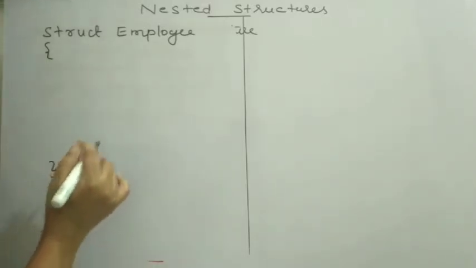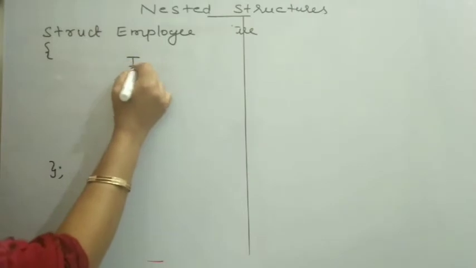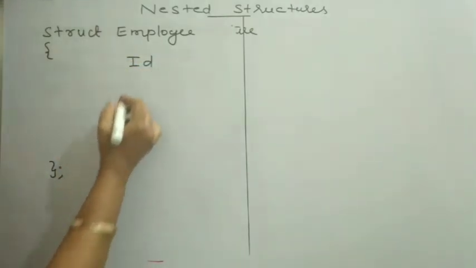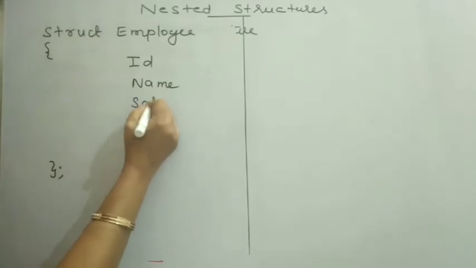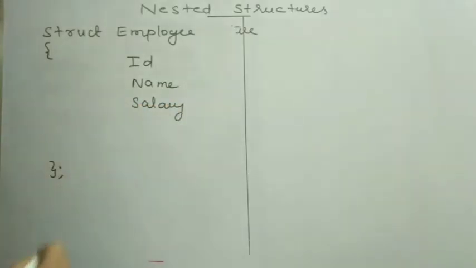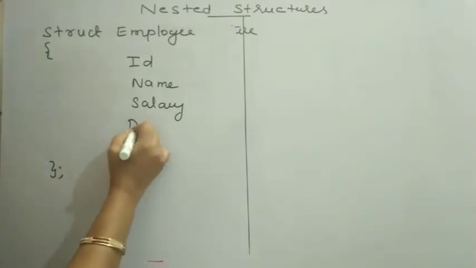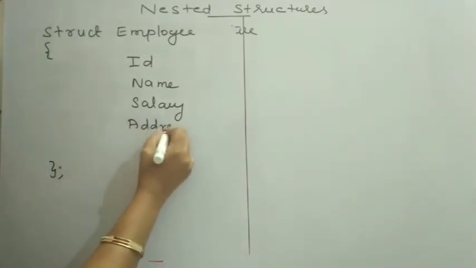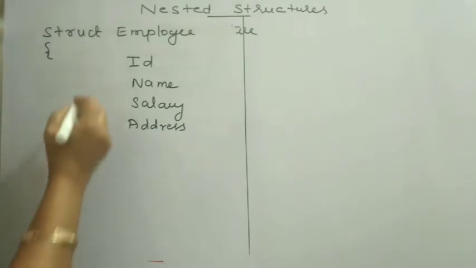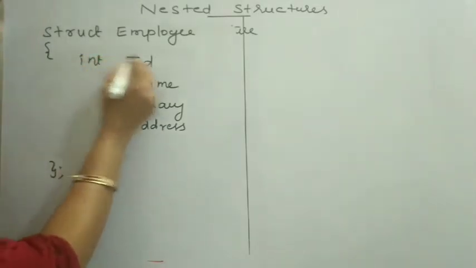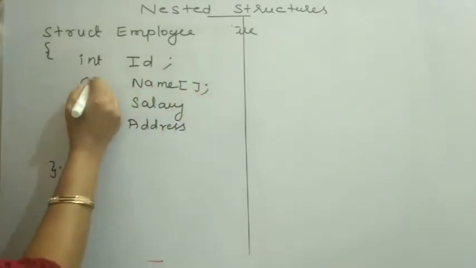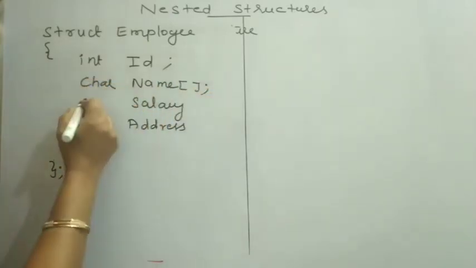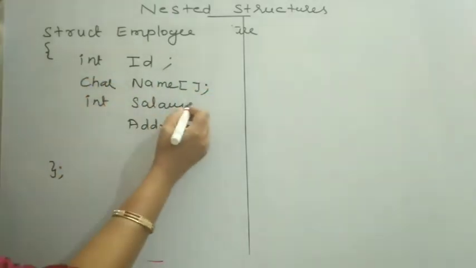In this structure employee, we have three data members: ID, name and salary. In addition to this, we have one more data member called address. The data type of ID is integer, name is a character array, and salary is also an integer value.